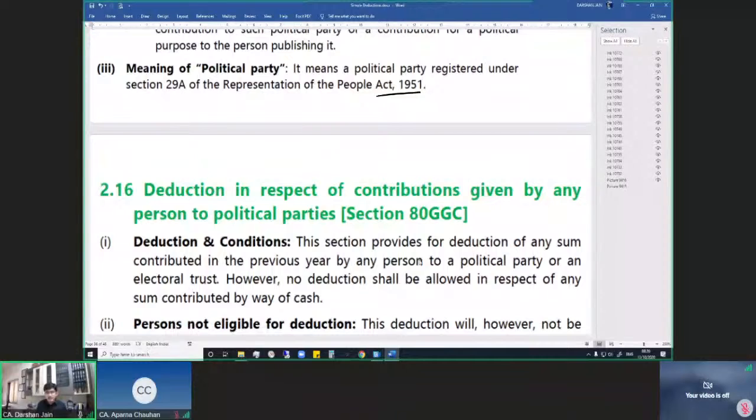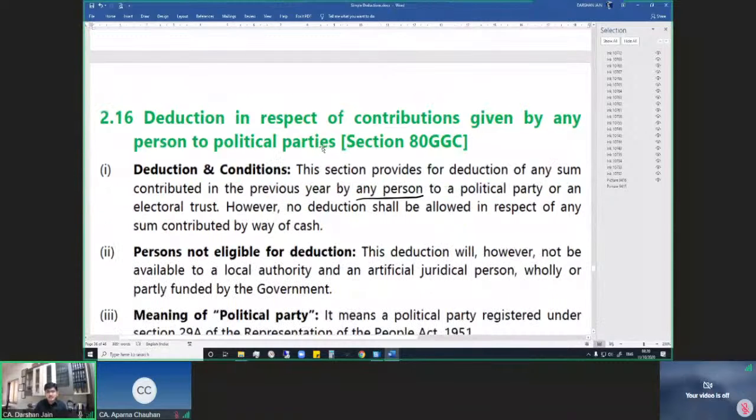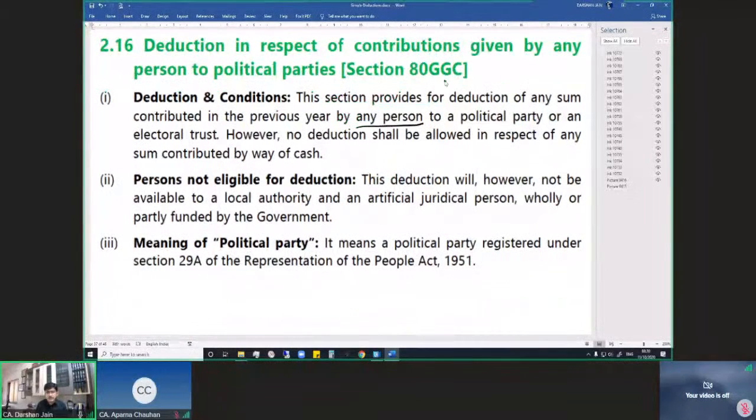Any other person who makes a contribution to a political party, even that is allowed as deduction under section 80GGC. Under section 80GGC, any person other than a company can claim deduction when it makes a contribution to a political party or an electoral trust. However, no such deduction shall be allowed in respect of contributions made by cash.